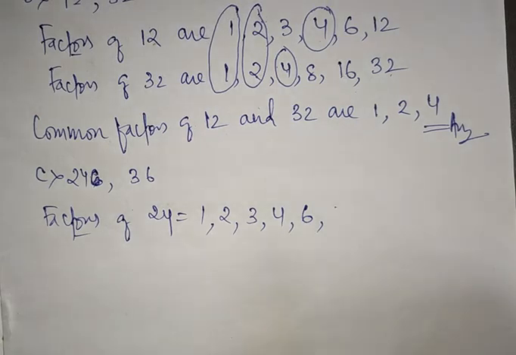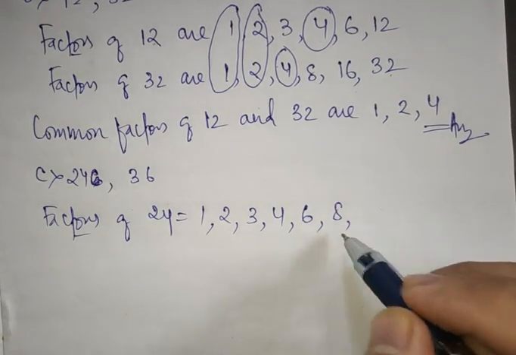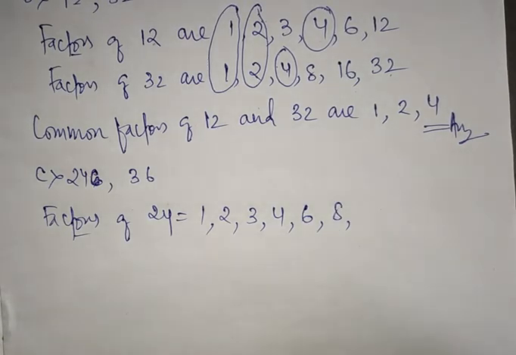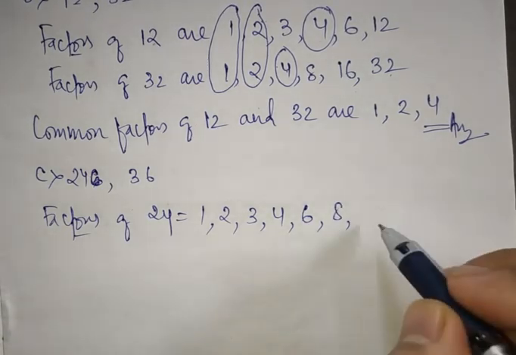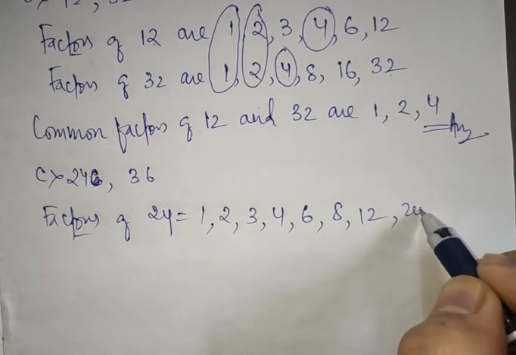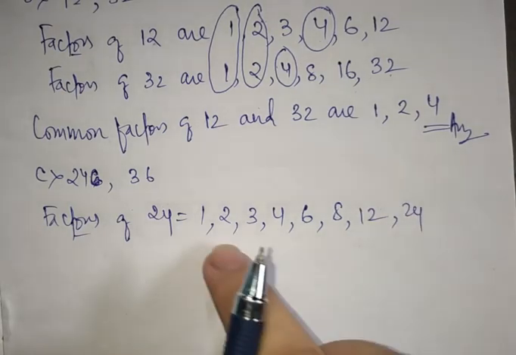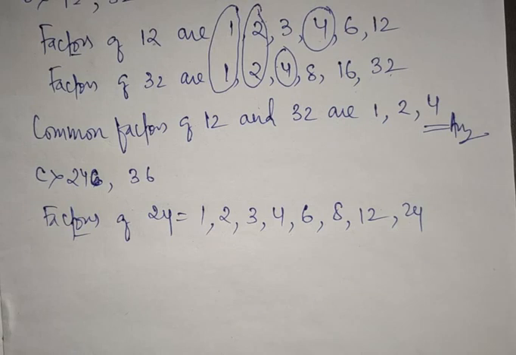What other numbers can divide? 7 cannot divide, 8 3s is 24, 9 cannot divide, 10 cannot divide, 11 cannot divide, 12 and directly 24 can divide. So these are the factors of 24 you can write.